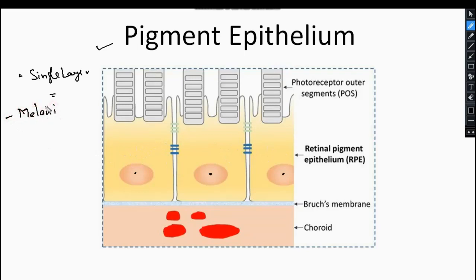This melanin pigment absorbs the light. It actually helps the choroid to absorb the light.